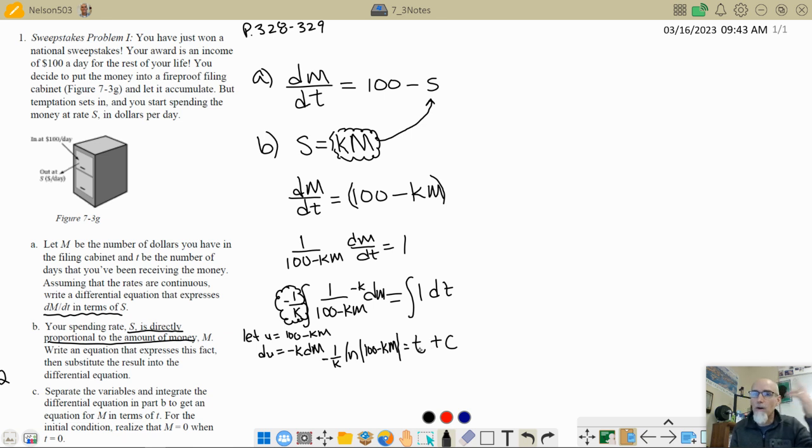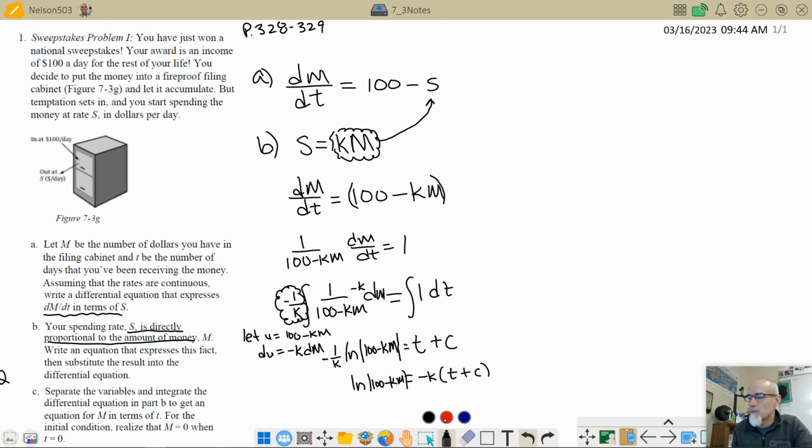And keep in mind, our whole purpose here is to get a function for M. So let's move the negative 1 over k to the right side of the equation and then write it as an exponential function, okay? I could move the negative by multiplying both sides by negative k, I get negative k times t plus c. And then I'd have over here a natural log of 100 minus Km.